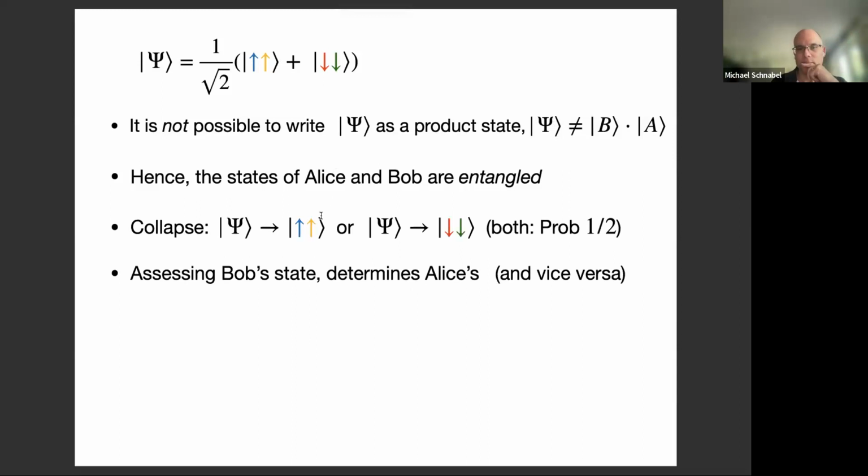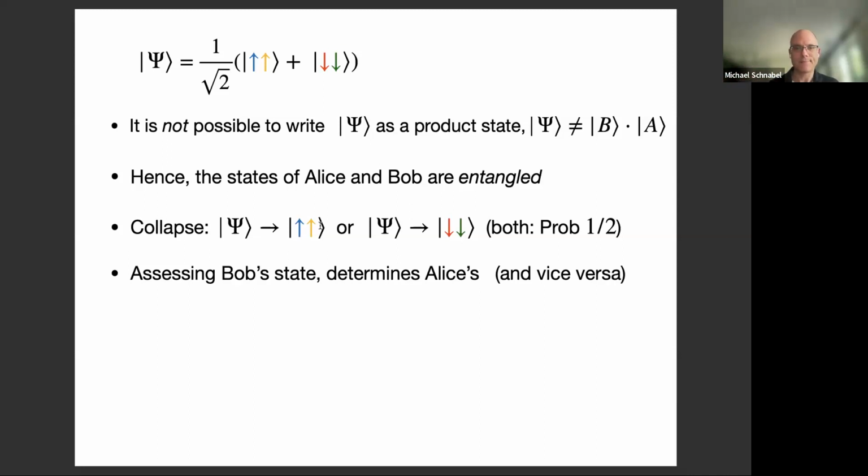And also we can say that assessing Bob's state determines Alice's, even if they are far apart, and vice versa. This cannot be used to communicate.